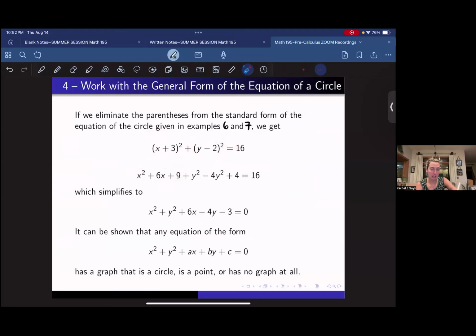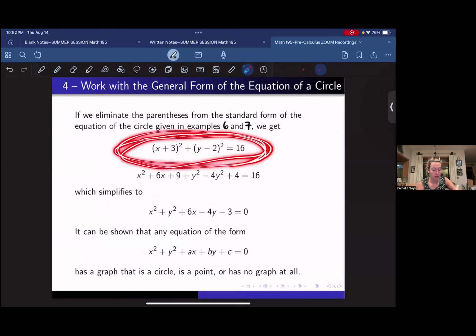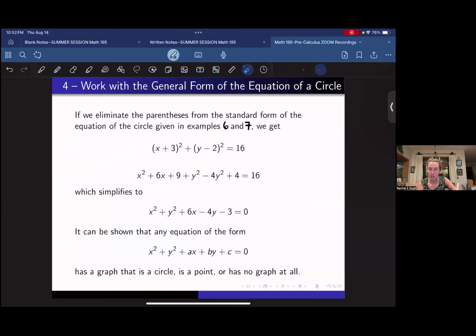And then our y minus 2 in parentheses squared is the same as y squared minus 4y plus 4. And so this is known as our general form. And this top one, which is in standard form, is what we used in both examples 6 and 7.